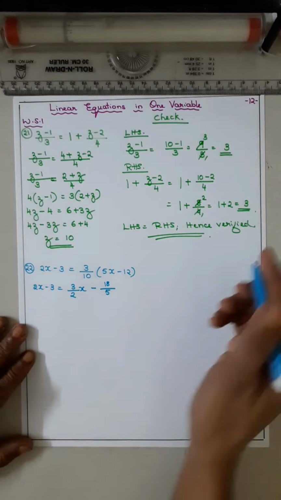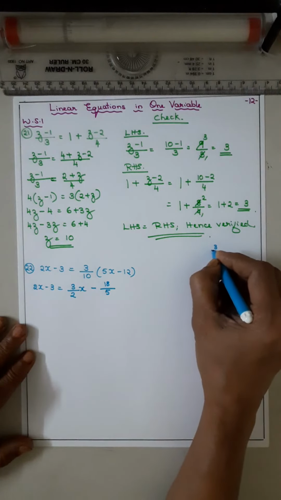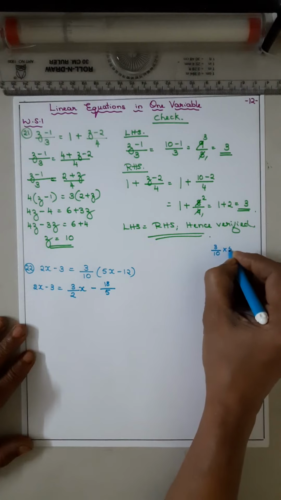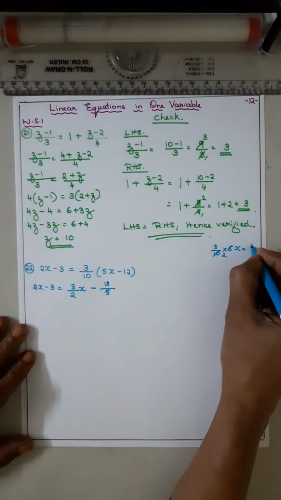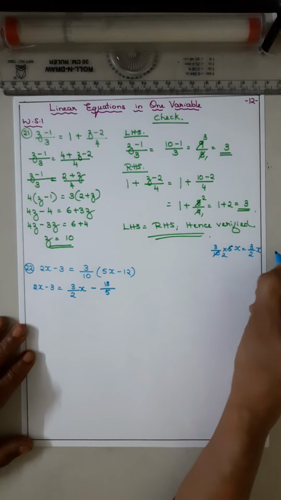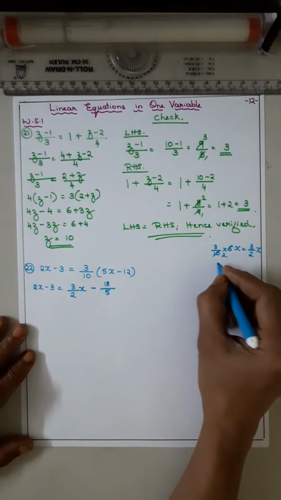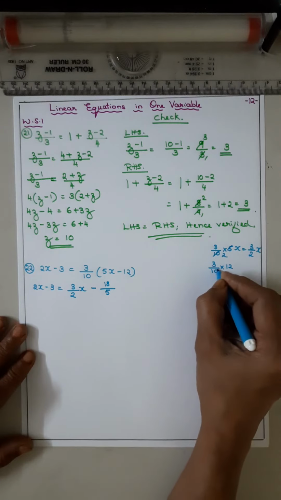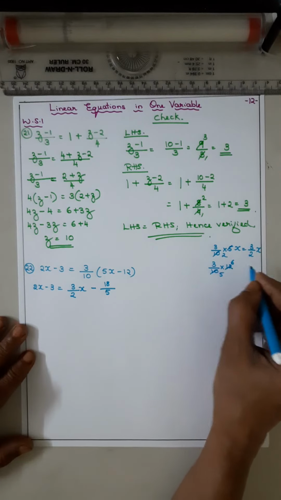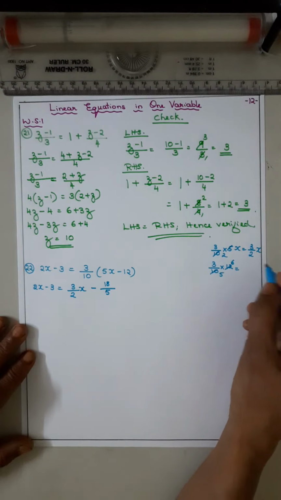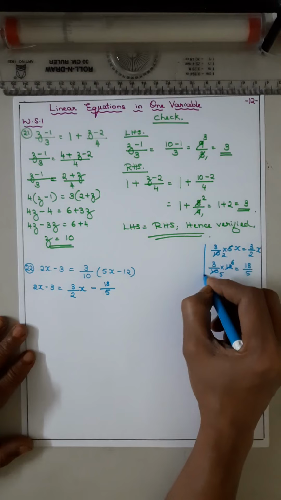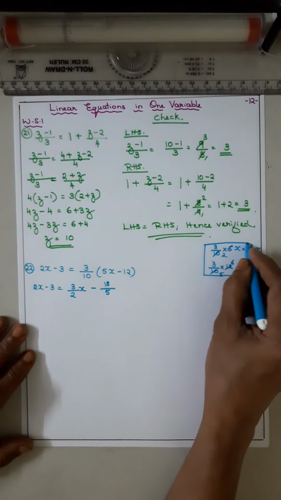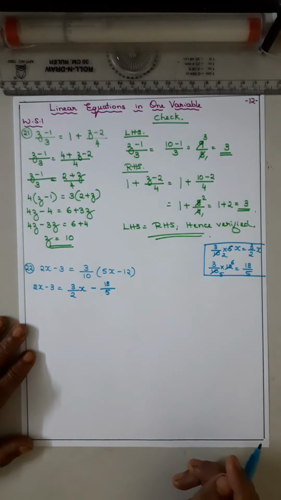So if you want, I'll write again here: 3 by 10 into 5x, 5 1s are 5, 5 2s are 10, that is why 3 by 2x. Now here 3 by 10 into 12, 2 5s are 10, 2 6s are 12, so 6 3s are 18 by 5. So this is the rough work for this.